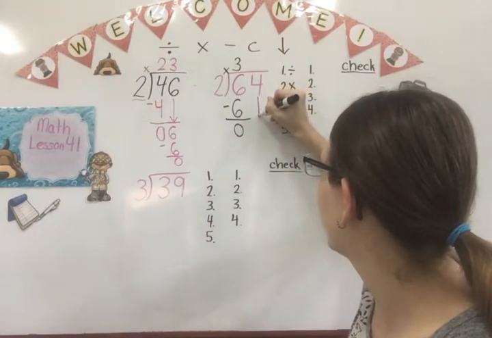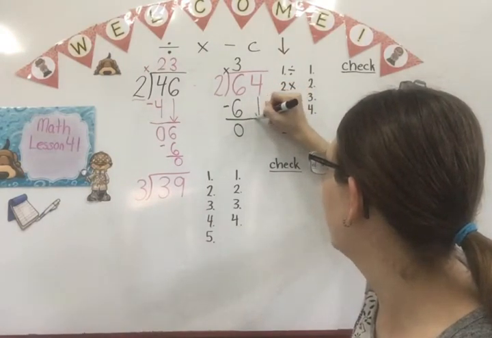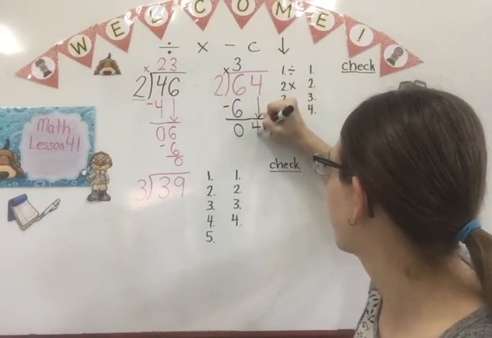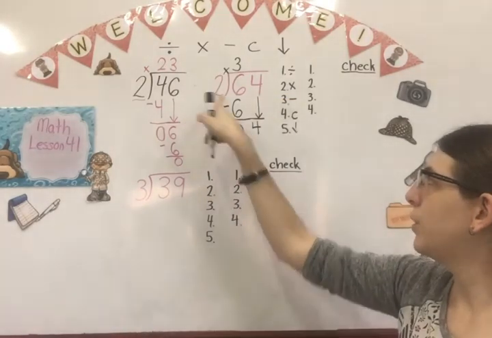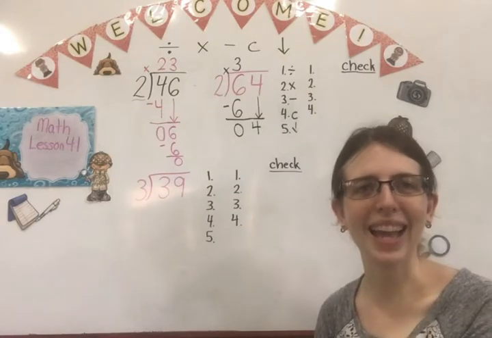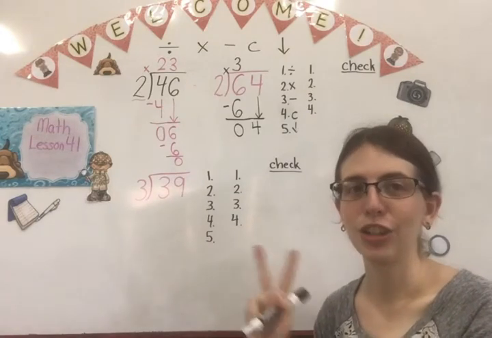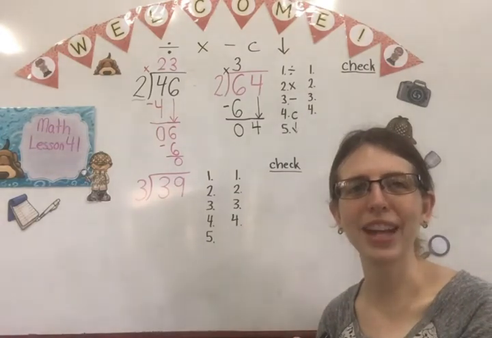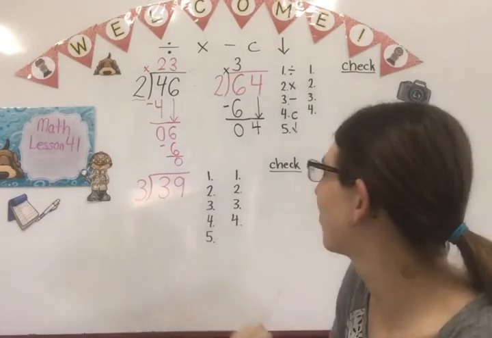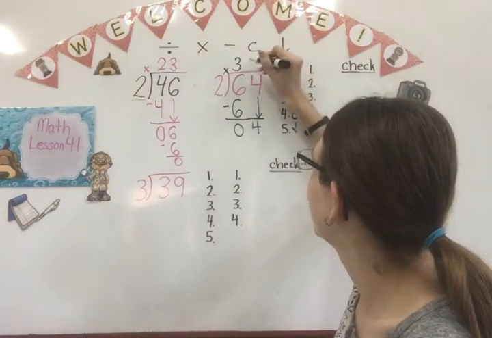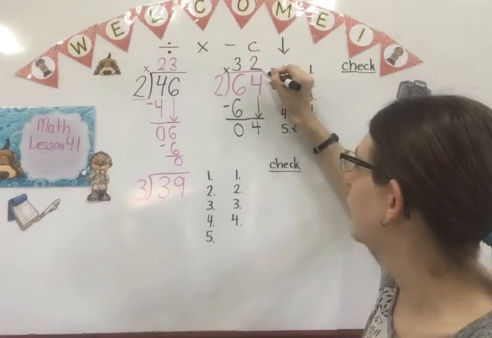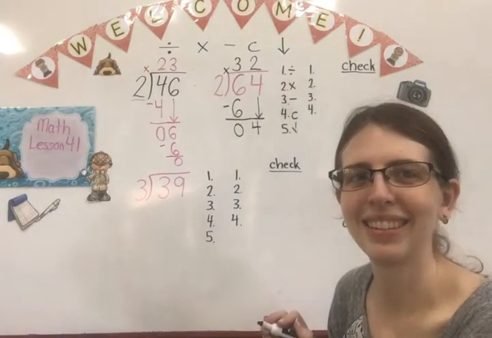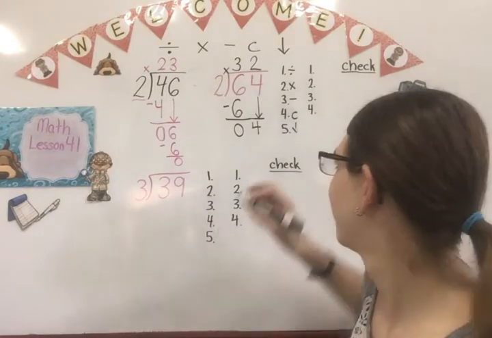I'll bring down my 4, draw a straight line down, and put my 4 down below it, right next to my 0. 2 goes into 4 how many times? 2 times. 4 divided by 2 is 2. So I put my 2 right above my 4. 2 times 2 is 4.